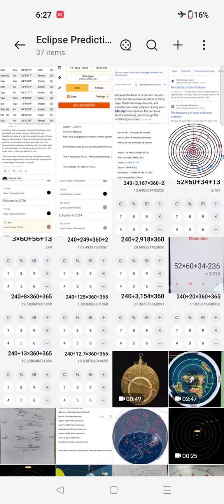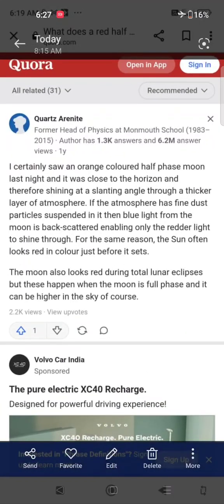Now many people ask, and you can also search in Quora, every place, that a half phase moon also gets eclipsed. How is that possible? When a half phase moon becomes reddish?